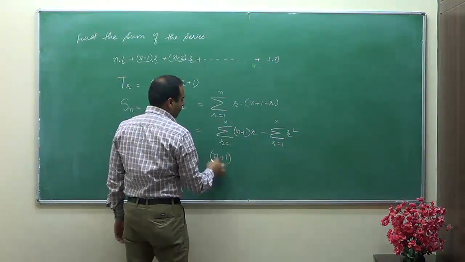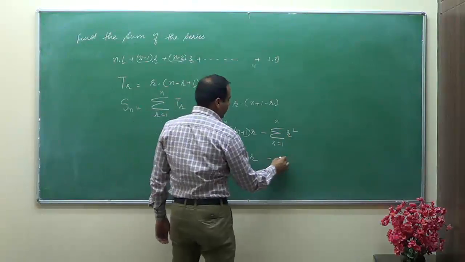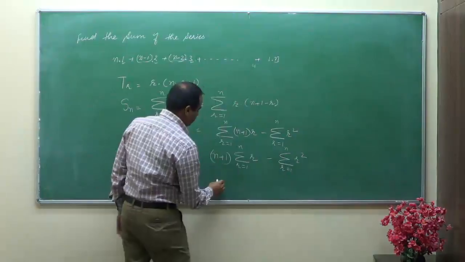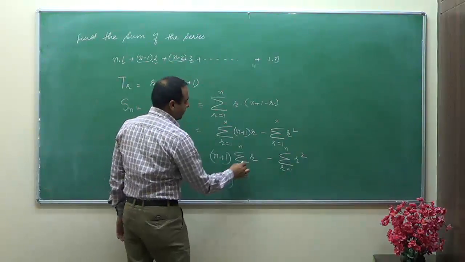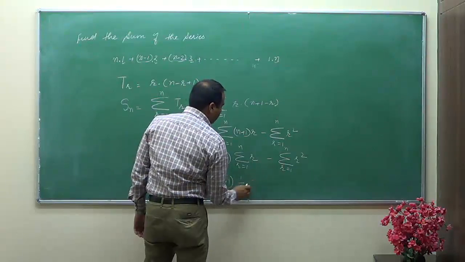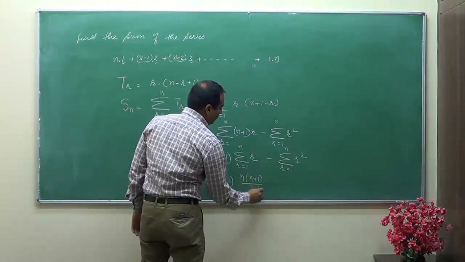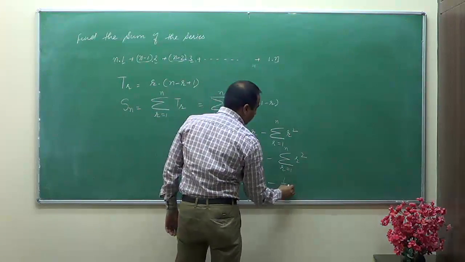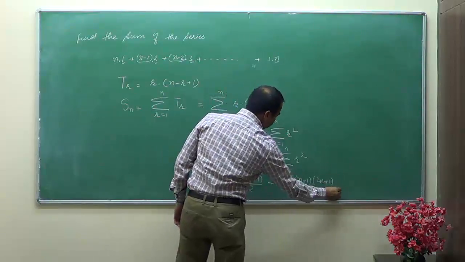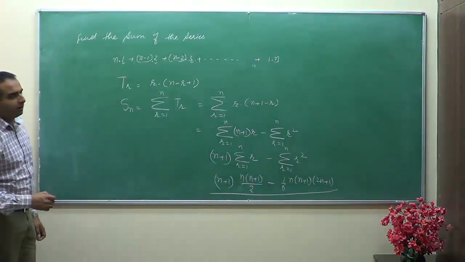It can be written as n plus 1 into 1 by 2 n into n plus 1, minus 1 by 6 n into n plus 1 into 2n plus 1. इस तरह के सवाल का हल हम इस प्रकार निकाल लेते हैं.